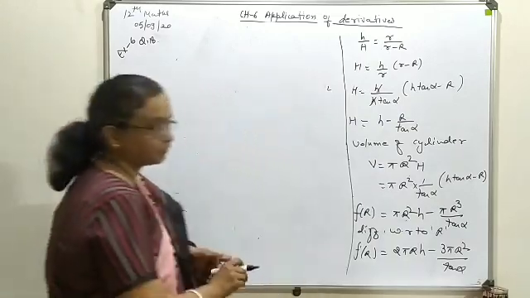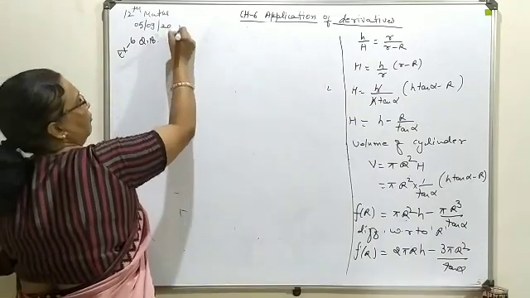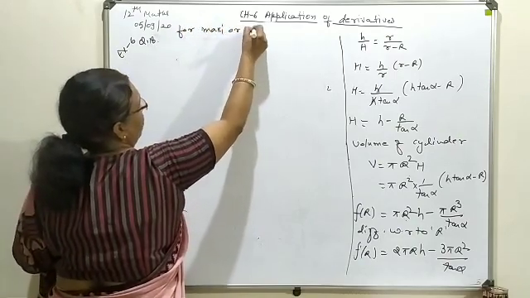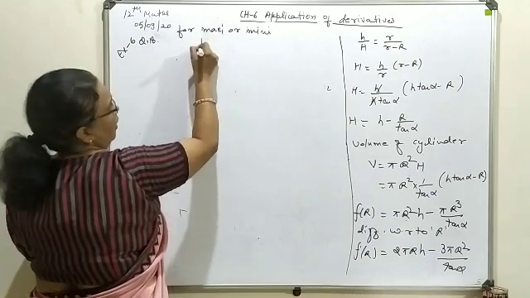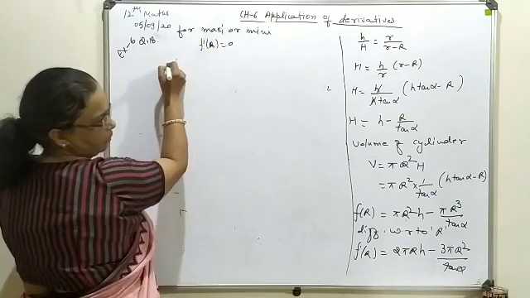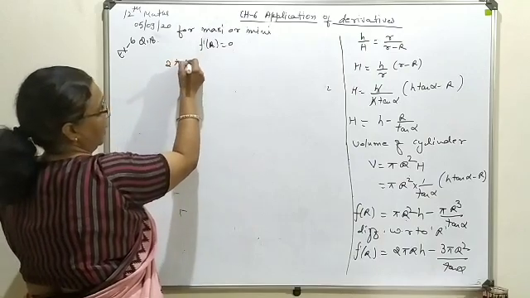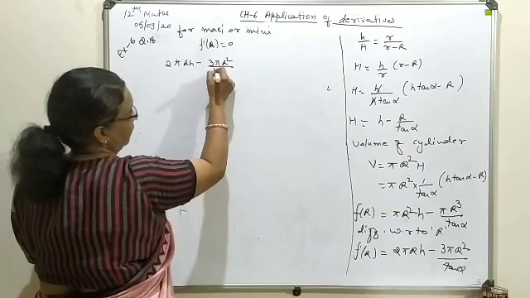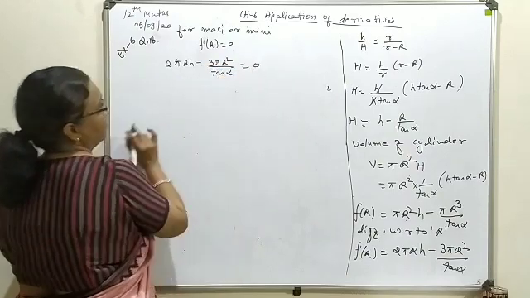Now, for maxima or minima, we set f dash r equal to 0, meaning 2 pi r H minus 3 pi r square upon tan of alpha equals 0.